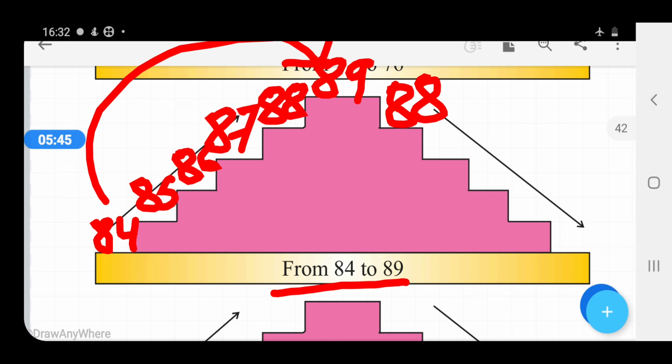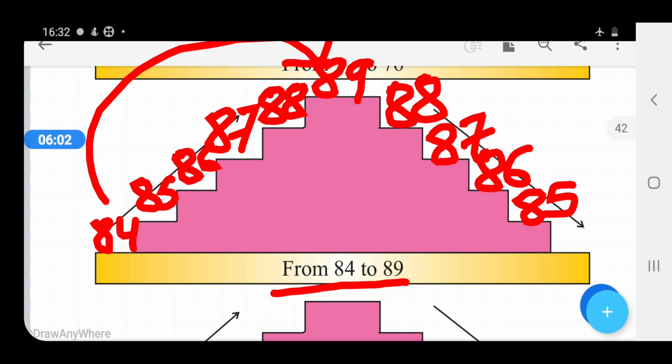And what comes before 88? It is 87. And before 87, it is 86. And before 86, it is 85. And before 85, it is 84.